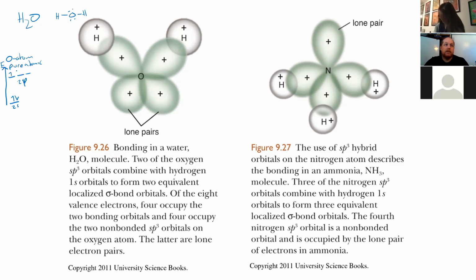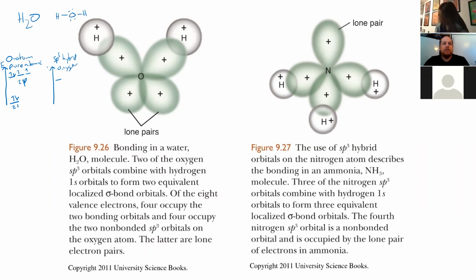So 1, 2, 3, 4, 5, 6. Okay. But this is an sp3 hybrid oxygen because it's steric number 4, and it's got an electron geometry that's tetrahedral, so you can take those orbitals and combine them and say, okay, we're going to make this sp3 hybridized oxygen atom.